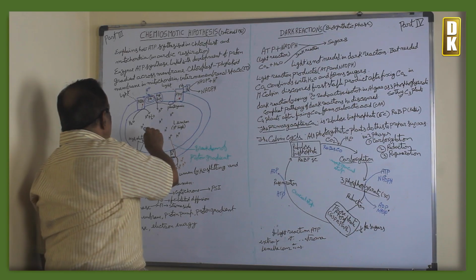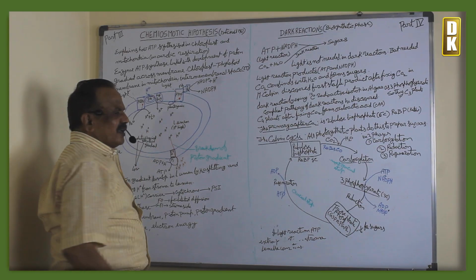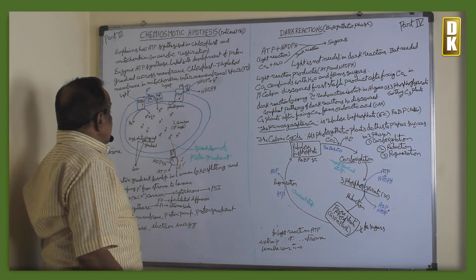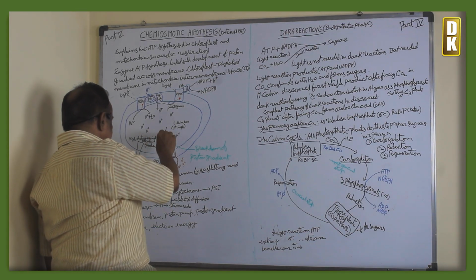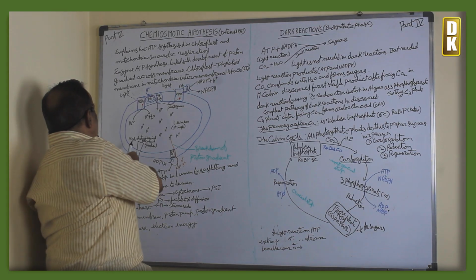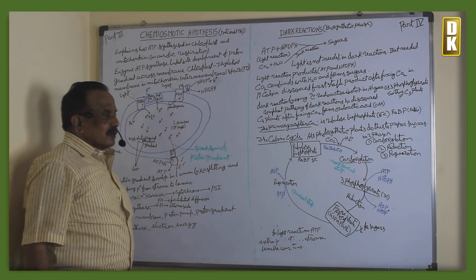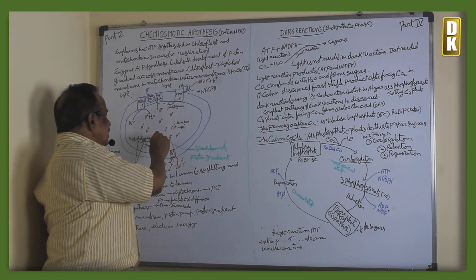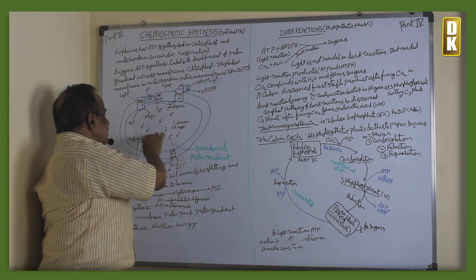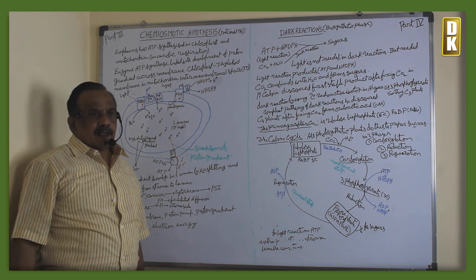Why is the proton concentration developing? The proton concentration is developing in the lumen in two ways, and this gives a high electrochemical potential gradient. Whatever the proton concentration is increasing, that is the high electrochemical gradient.